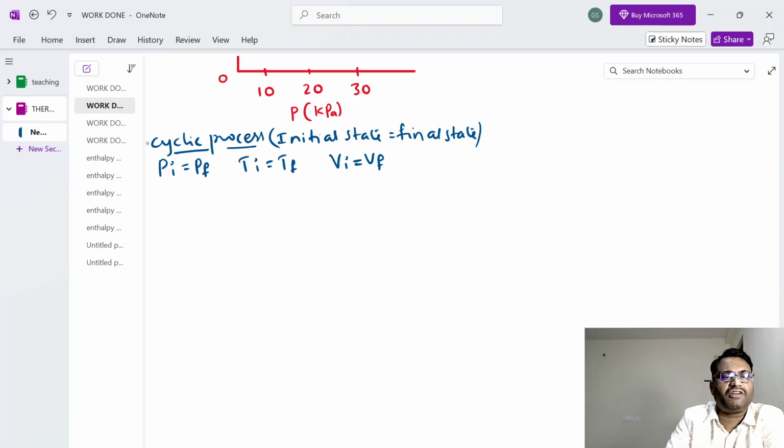See, let us take one graph. We are taking a PV graph. In this PV graph, initially at state A, there is state A of the system.